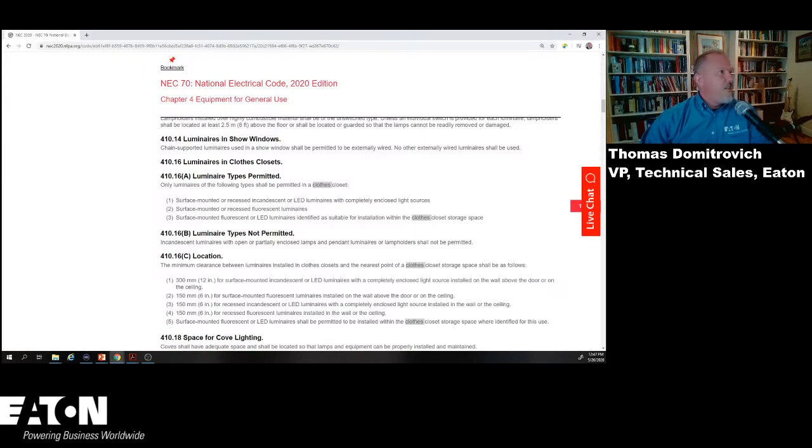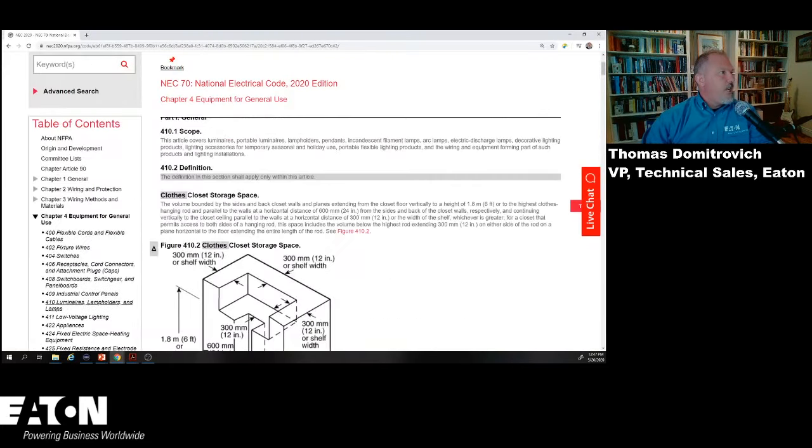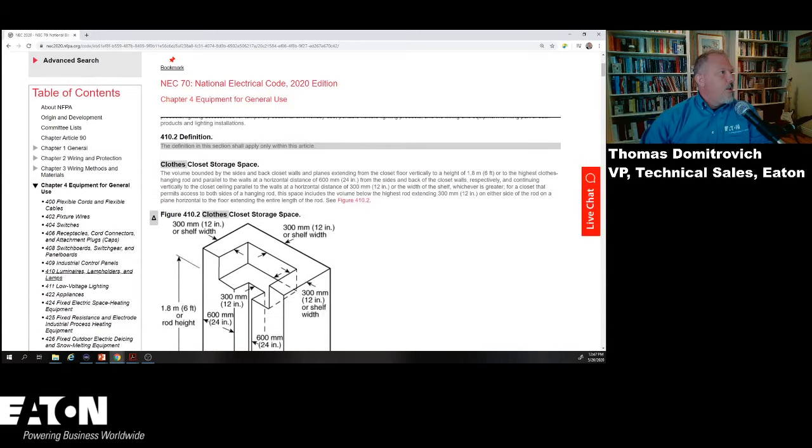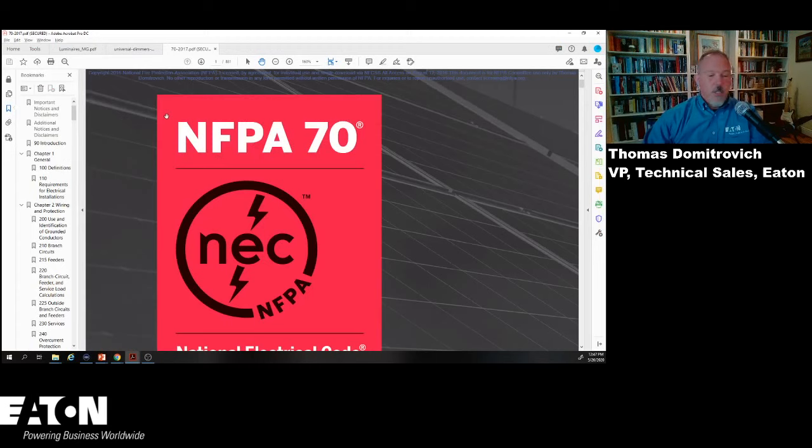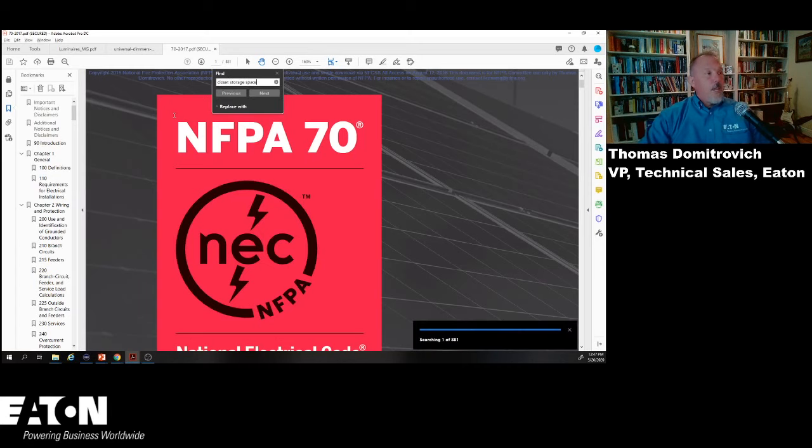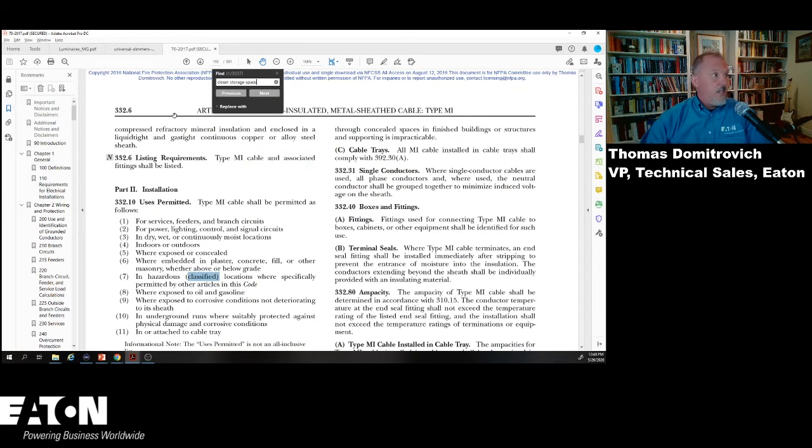Oh wait, what was the definition? The definition change was closed closet storage space, closet storage space. So let's search the NEC, Control F, closet storage space. We're going to check the 2017 version of the NEC for the term closet storage space. We should find 410.2. We should find 410.16.